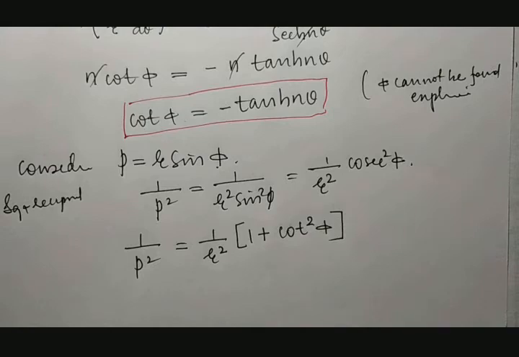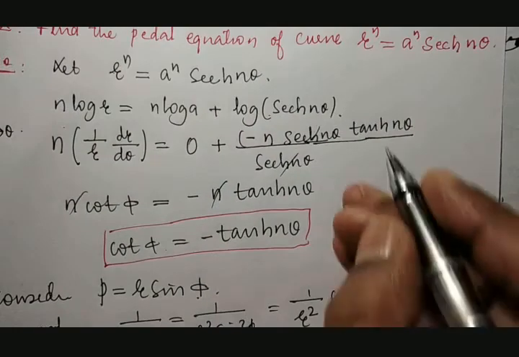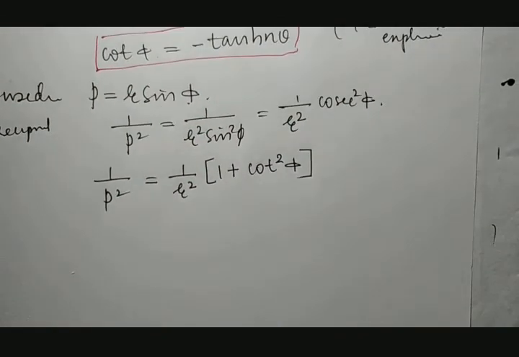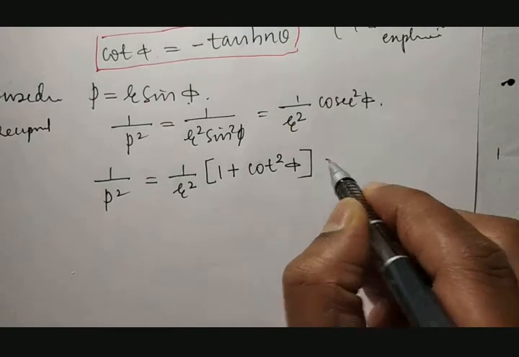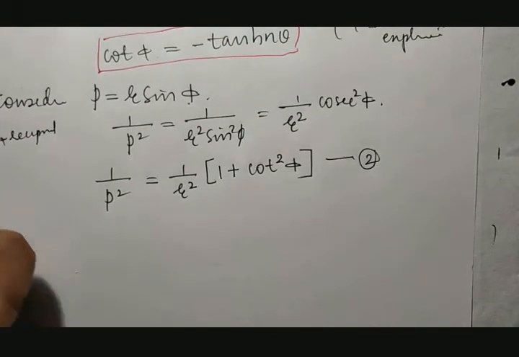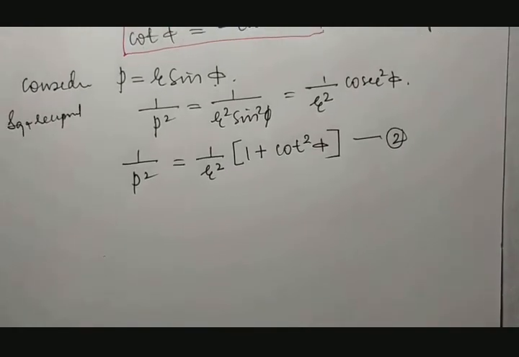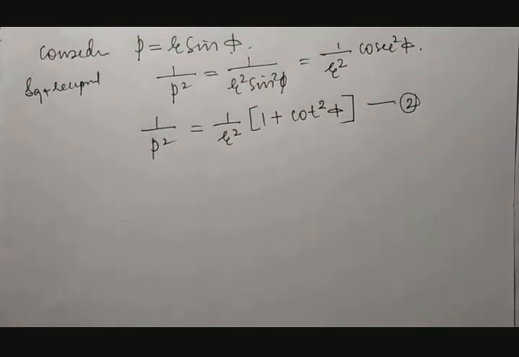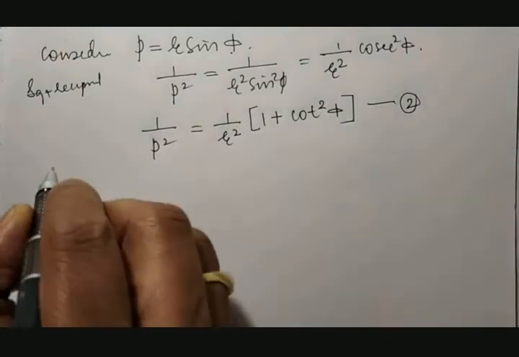Okay. I'll take the given curve as equation number 1, and this modified one as the second equation. This modified one says 1 by p square is equal to 1 by r square into 1 plus cot square phi.